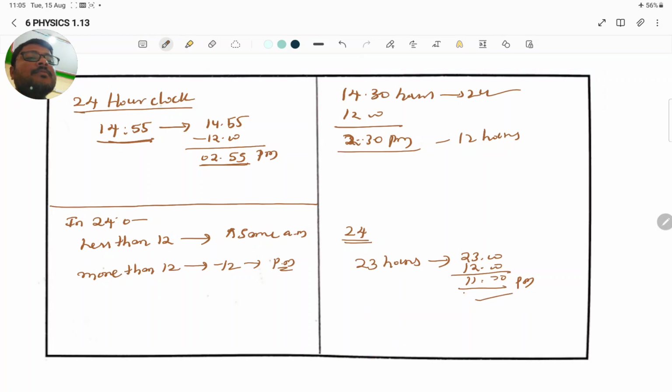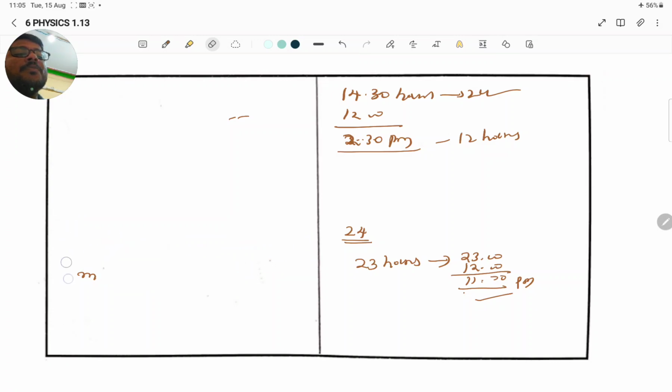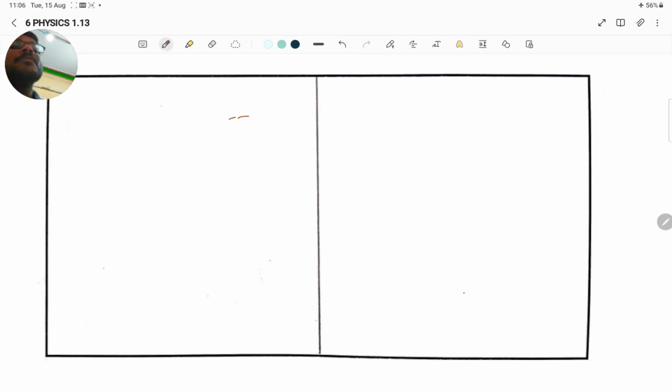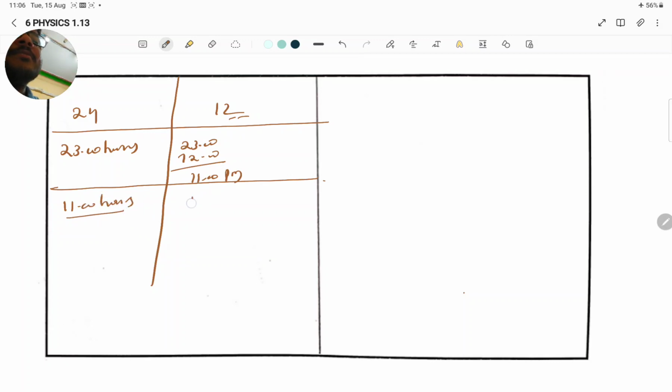In 24 hours clock to 12 hours clock, time 23 hours is nothing but 23 minus 12, 11 PM. Okay? For example, here 11 hours is nothing but generally 11 AM.